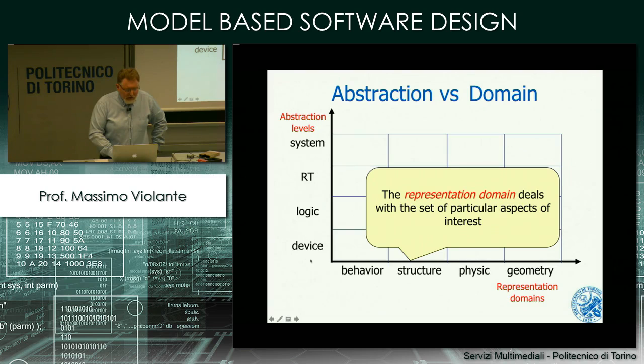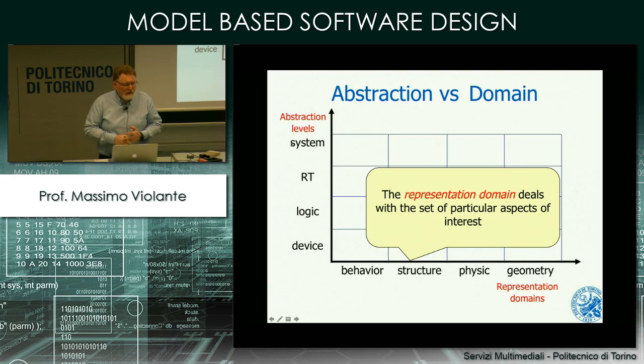So the higher the abstraction level, let me say the bigger the lens that you are using to look into your system. If you are at the device level, you have a very tiny microscope to look at every single bit of your model. If you are at the system level, well, you have a kind of sunglasses to have a very high-level view of your system.